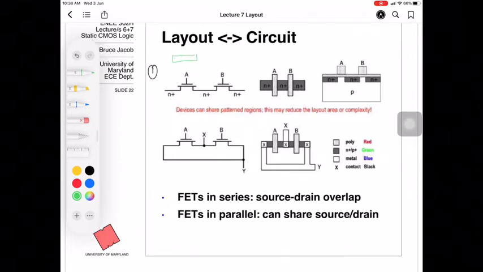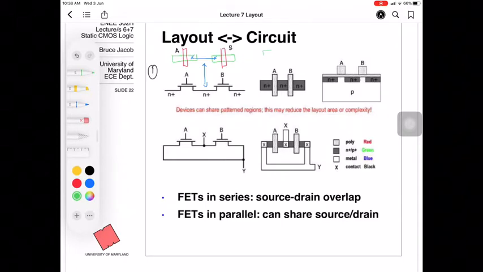You can do it like this, two transistors, one poly here, one poly there, and this is A and this is B, right? Because they have a connection in between them. This connection is represented here, so they are connected together.